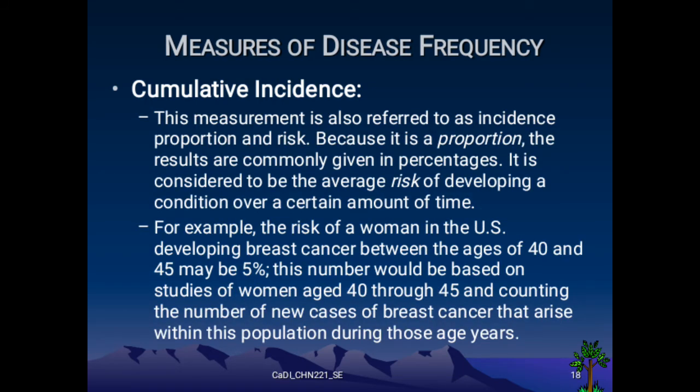This measurement is also referred to as incidence proportion and risk because it is a proportion. The results are commonly given in percentages. It is considered to be the average risk of developing a condition over a certain amount of time.